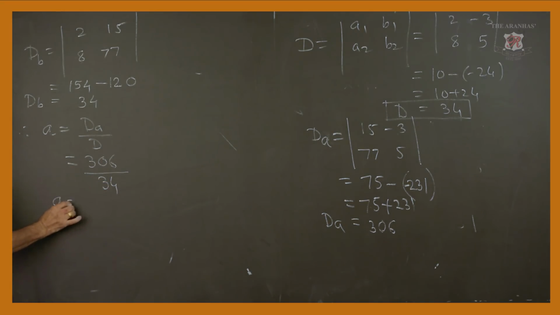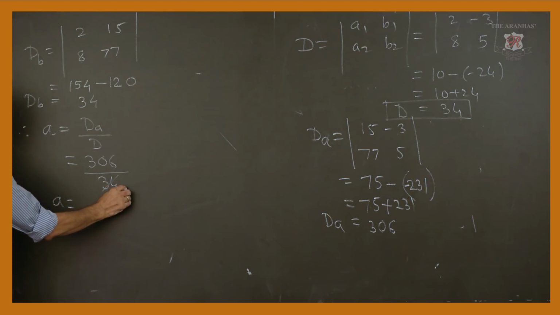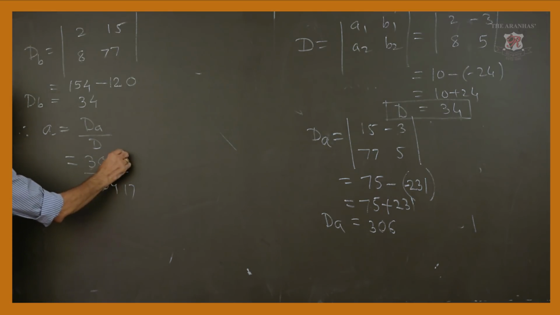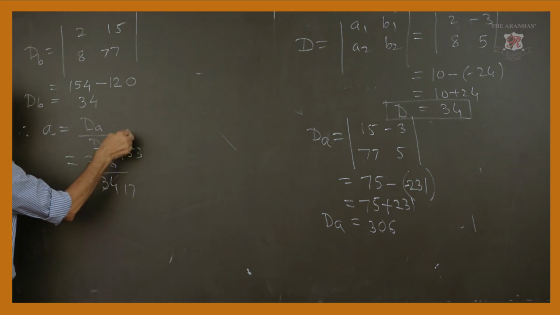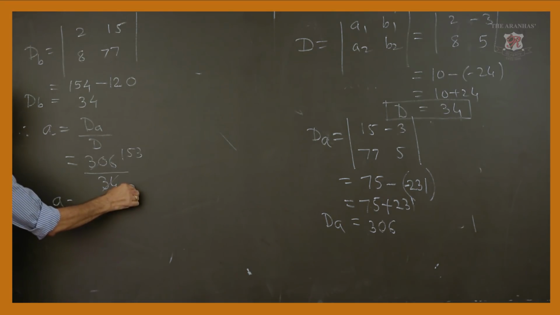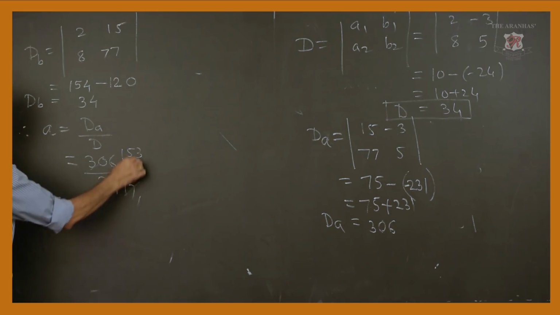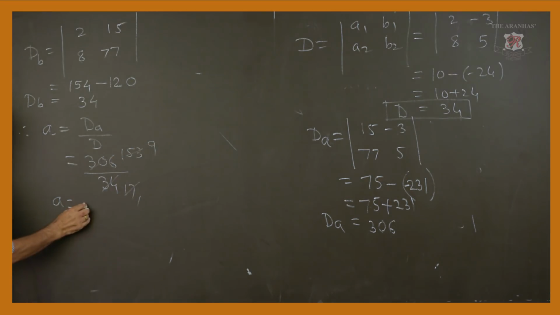Now I have to divide this. How many times does it go? 34 times 9 is 306. So you get A is equal to 9.